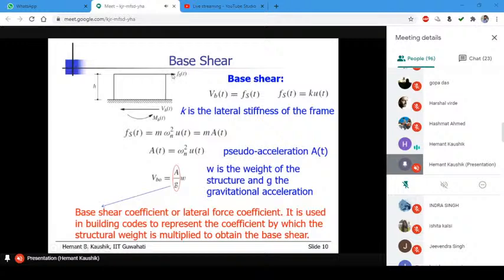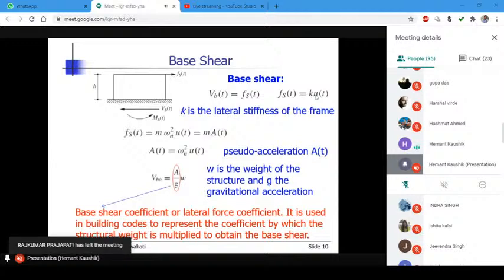We can very easily compute this force by multiplying the displacement of the mass with the stiffness provided by the columns. Stiffness times displacement is a force, the stiffening force. So we write Fs as k times u(t), where u(t) is the displacement response of the mass at that instant.